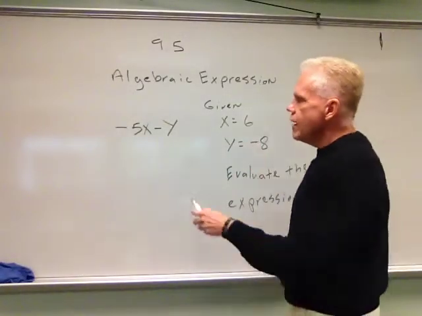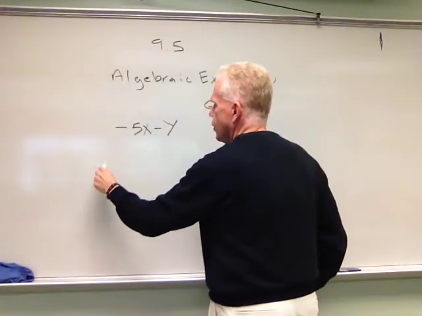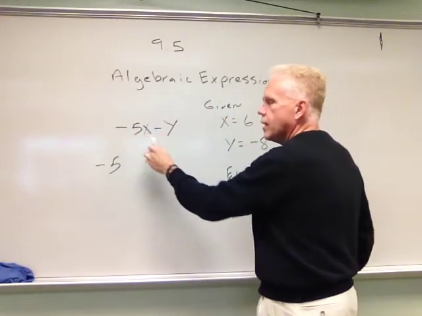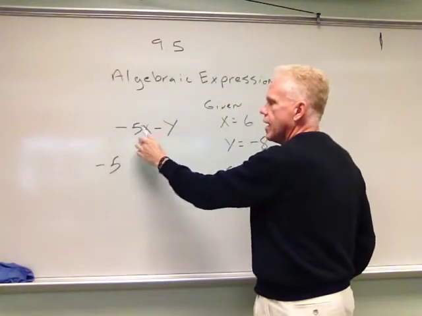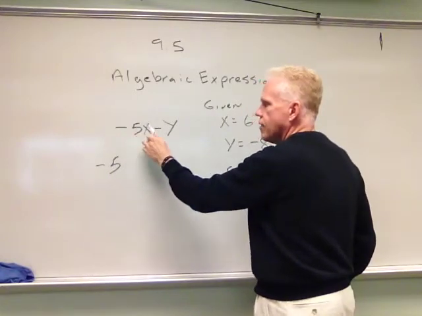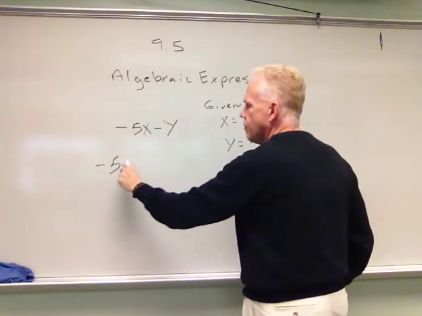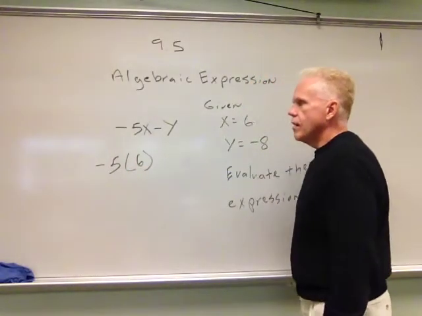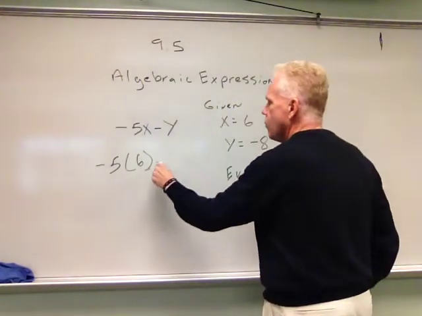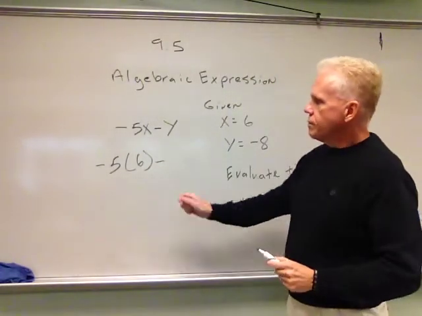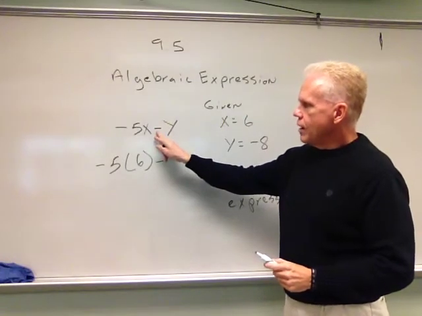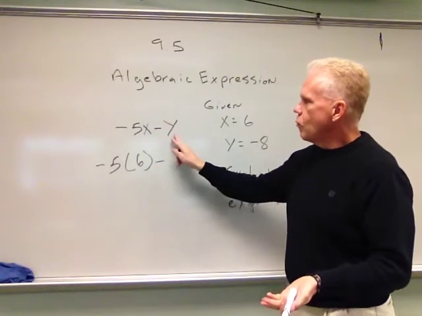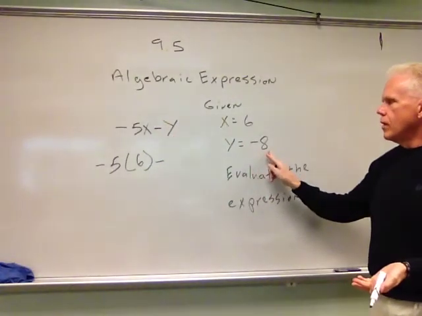So when we plug the values in, we want to understand the -5 right here is my coefficient, and again, the relationship between the -5 and the x is multiplication. So it's -5 times x. So I want to set up a -5 times, and I put a parentheses for the times, -5 times 6. And then I come behind that with minus. Now, this is interesting because the expression has the minus here, and we're using that, but the y itself is a negative number, a -8.